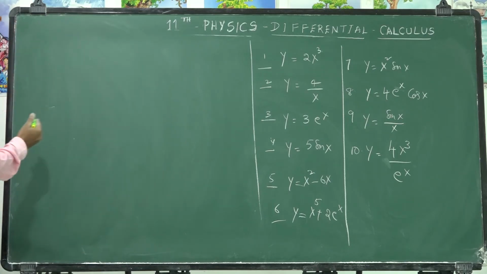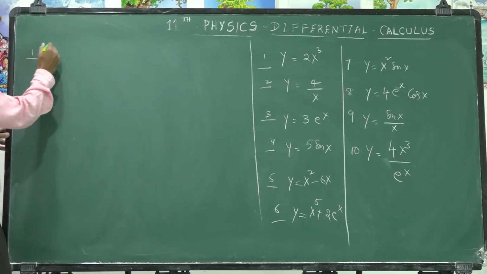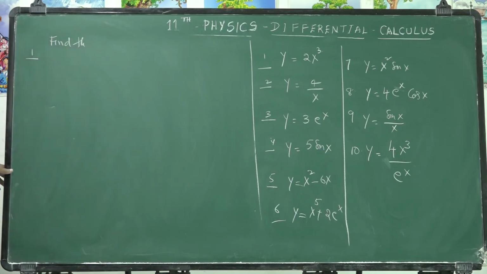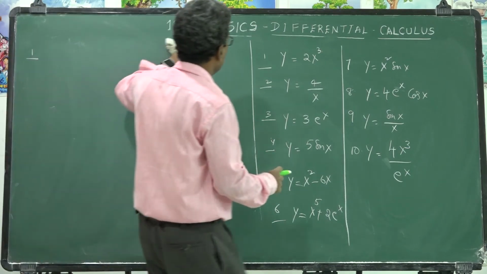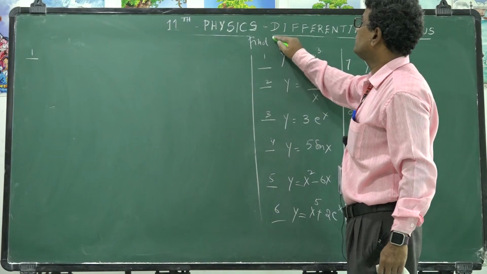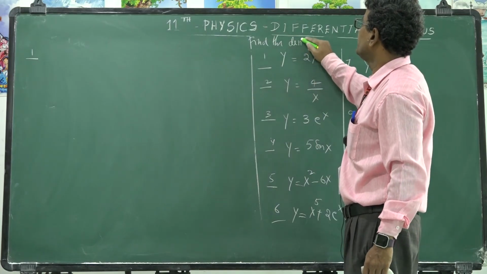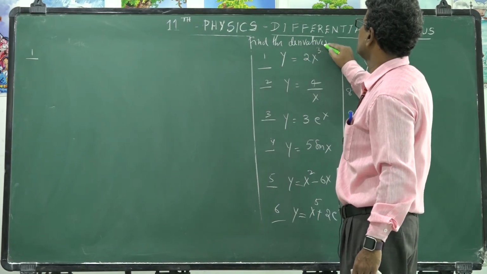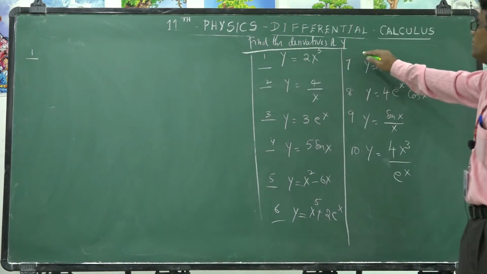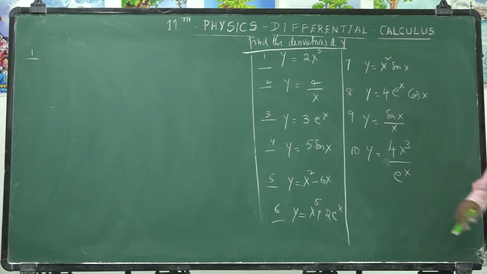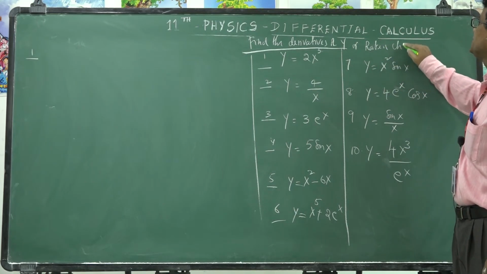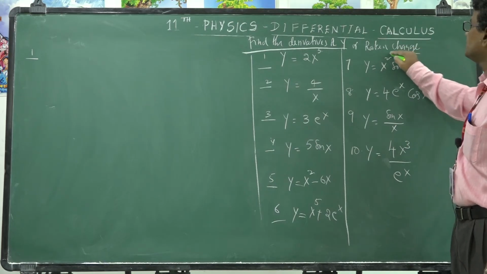Now see, the first one, what do we want? Find the derivatives. The question here is to find the derivative of y. We want a derivative of this function y, that is the rate of change.